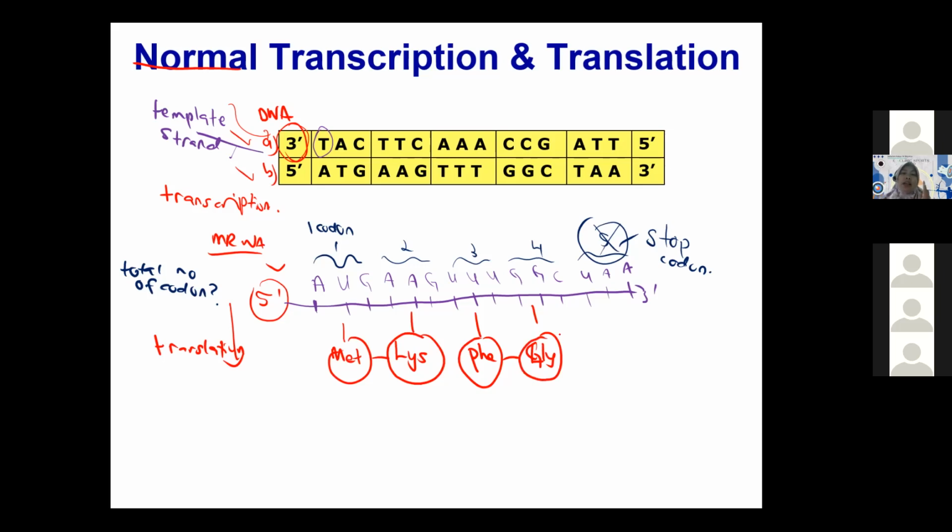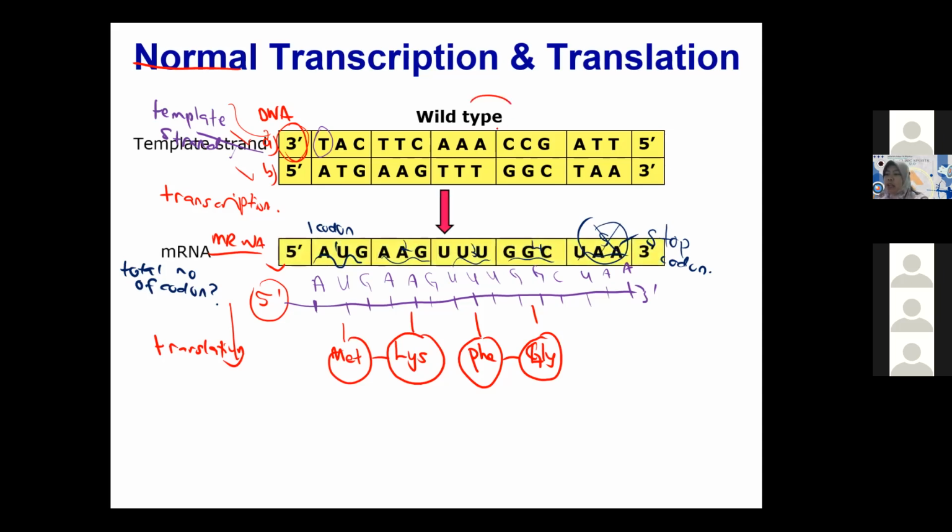So this is your product of normal transcription and translation of DNA. Okay, right? Faham yang ni? So kena hafal MET, LYS, codon-codon tu, tengok. Okay, this is wild type. Wild type means normal DNA without mutation.